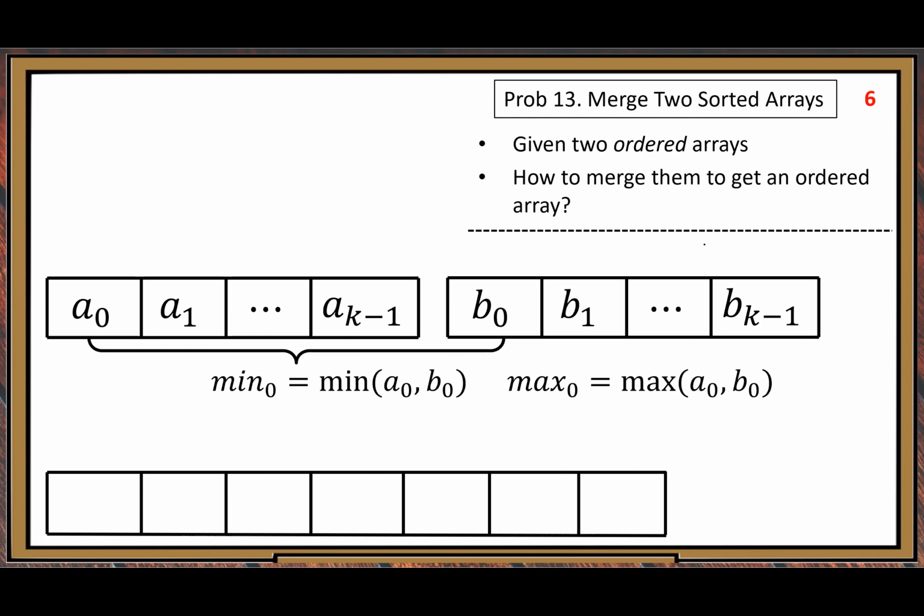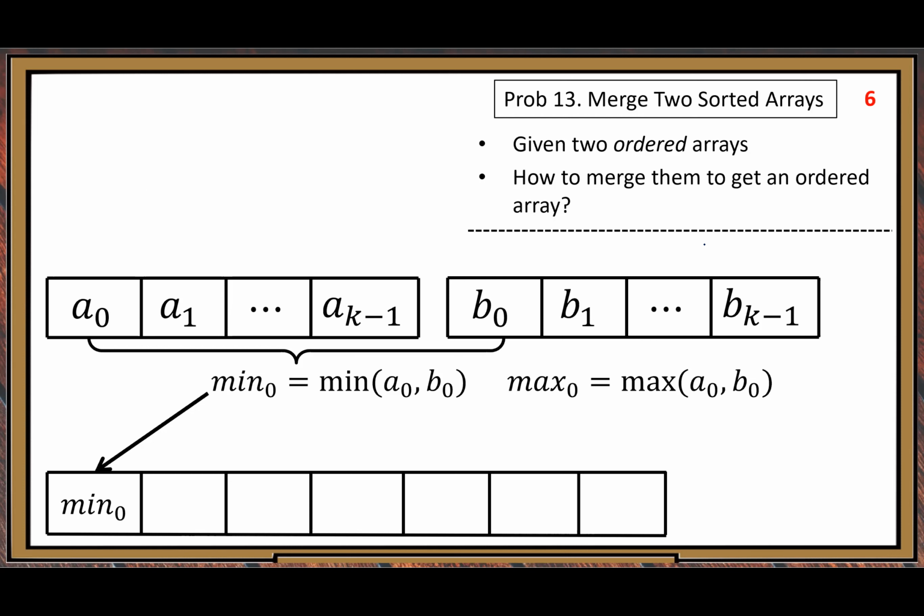After the first comparison, we know min 0 should be placed as the first element in our destination array. By one comparison, we find the minimum of all the elements, so we put it in place, the first position in our destination array. So what is the next one?